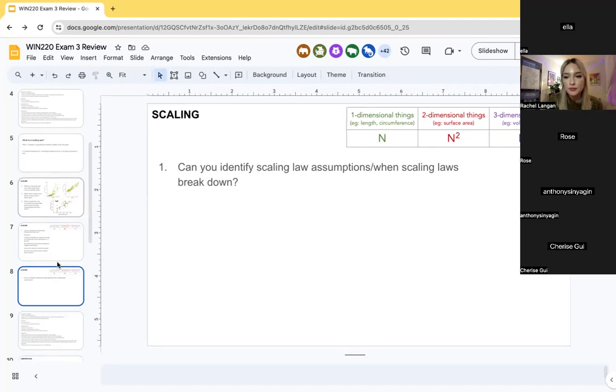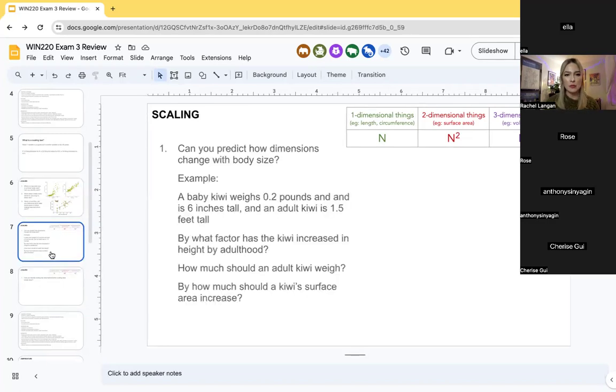Hi, could you repeat the math that you did for the kiwi weight one more time? Yeah. So we got from the height what n was, because height is one-dimensional, and it was increasing by 3 times, right? If you do 6 times 3, you get 18 inches.